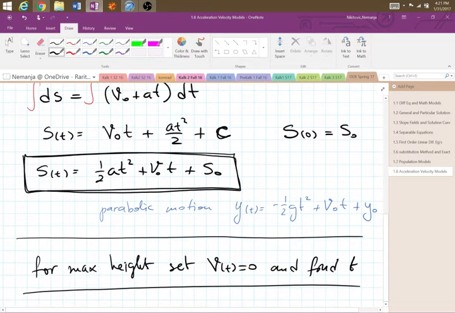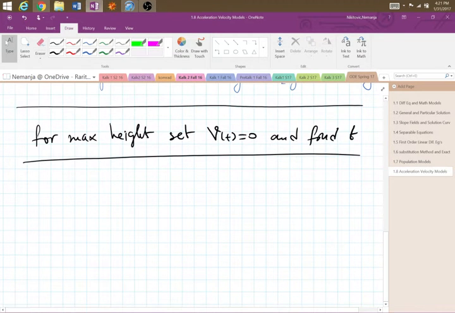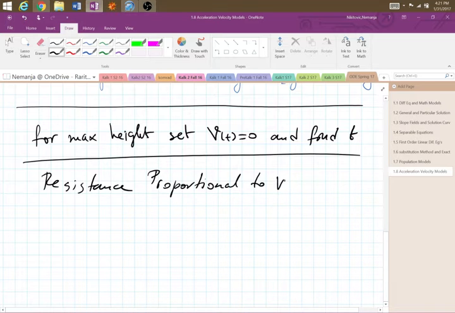So, F_R, there it is. We're going to talk about resistance proportional to velocity. And we are going to talk about Fg, which is the force due to gravity.